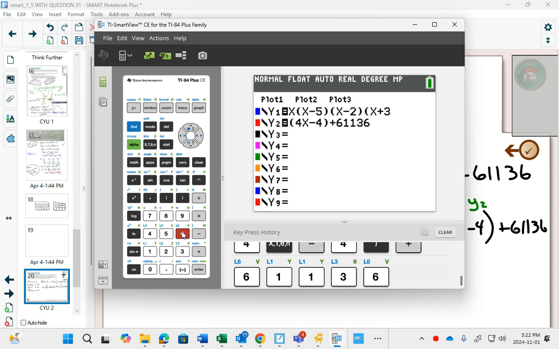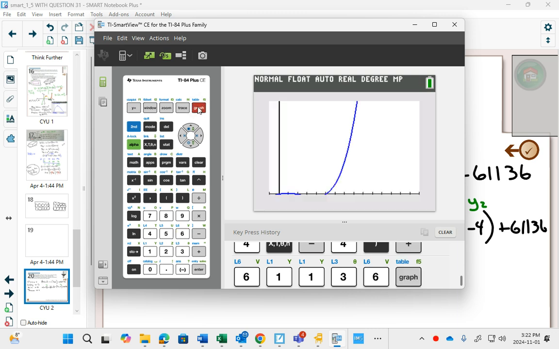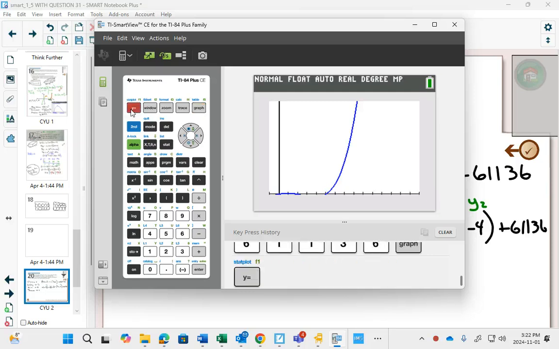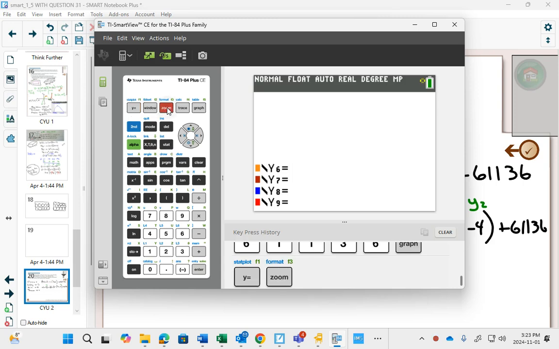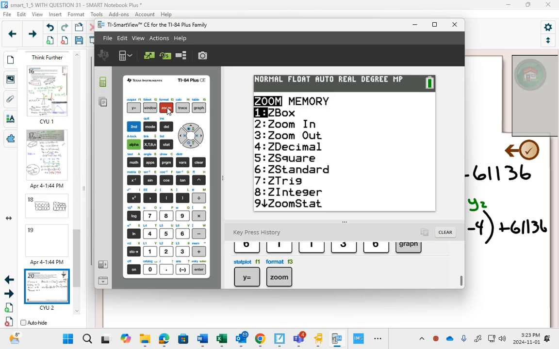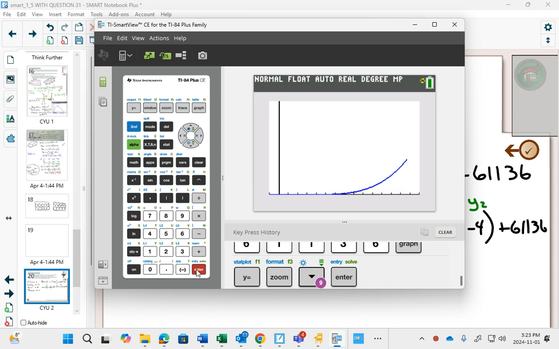Now, if you hit graph, probably you won't see both graphs. I see the blue one, but I don't see the red one at all. Sometimes people try those Zoom fits, so let's see what Zoom fit would do. Seems like a thing to try.